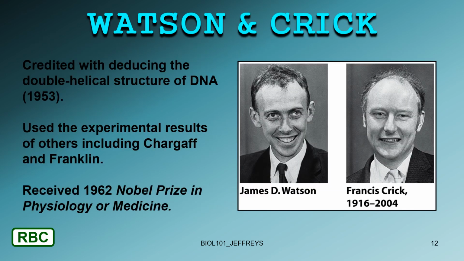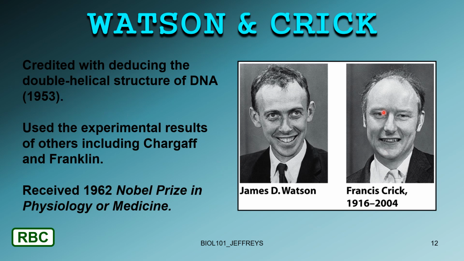Now, Watson and Crick are the two scientists that ultimately published the structure of DNA, that is the double helical structure of DNA. Now, you learned about the double helix back in one of the earlier chapters, and we'll see it in more detail here. But again, they are credited with deducing the double helical structure of DNA. That was in 1953.